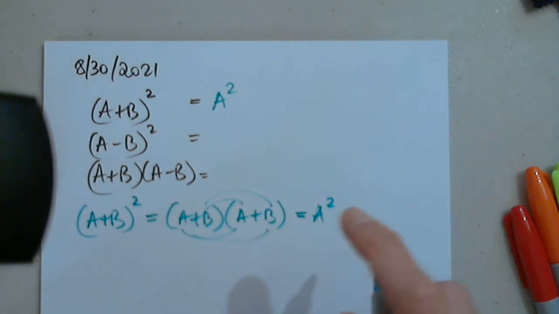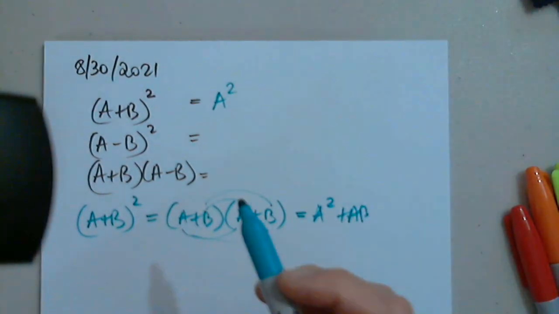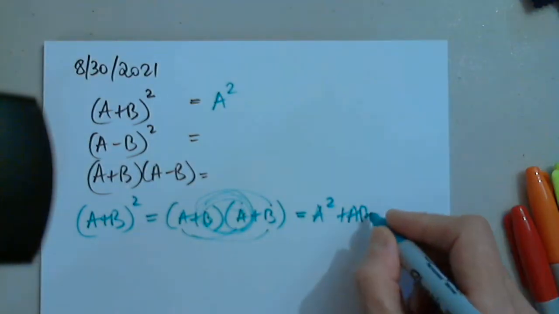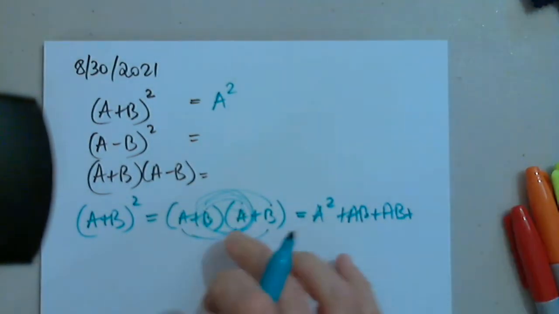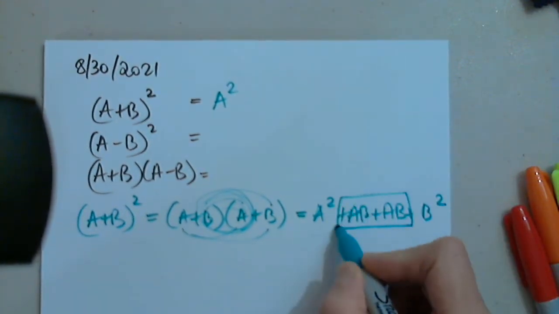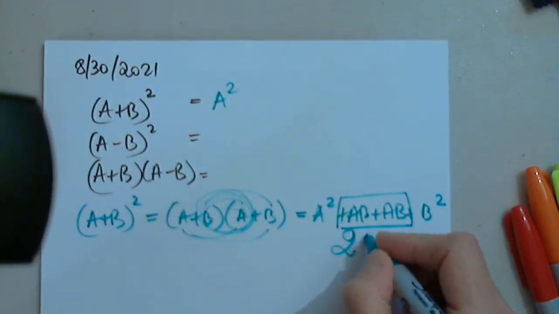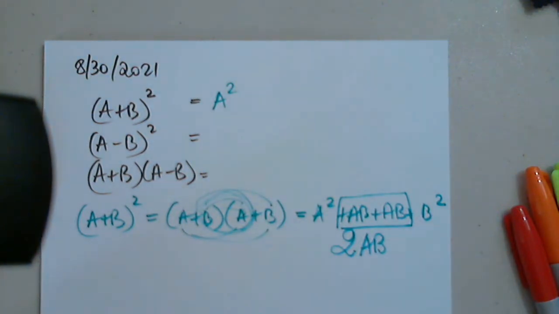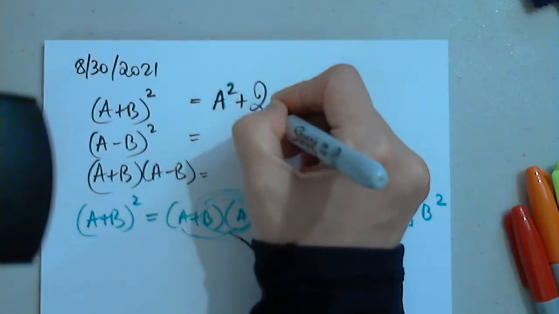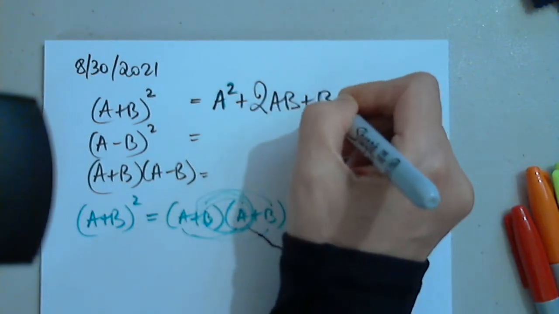Then I will have plus ab. But there is another ab here. Now I distribute b. So this is another ab, and then there is b squared. So when I combine them, I get twice ab. Agreed, everyone? So then the answer is a squared plus 2ab plus b squared.